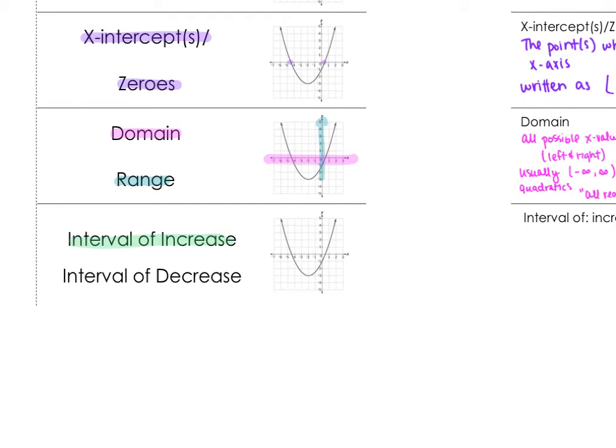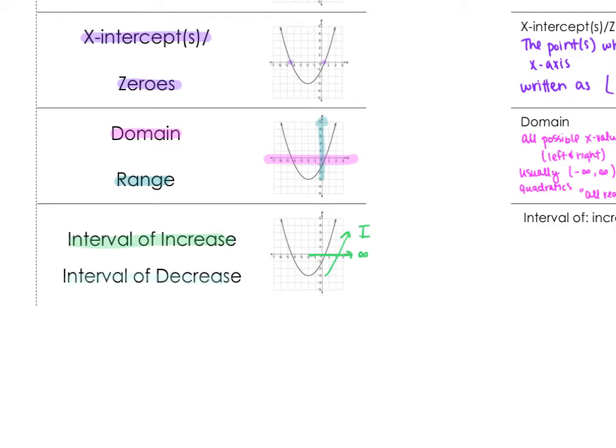Okay, so if we think of this as a roller coaster and we're riding the roller coaster, we go down, down, down, down, and then starting at the vertex, we go up. So the interval of increase starts at -2 and continues on to infinity. So this is the side of the parabola where we're increasing. For interval of decrease, which I'm going to highlight in, let's do a light blue.